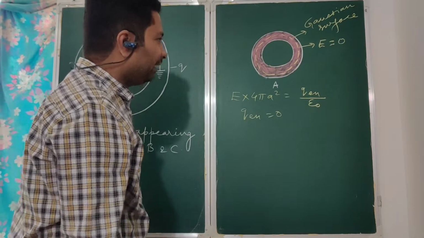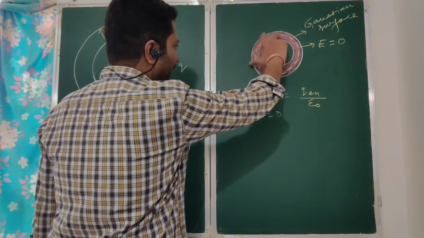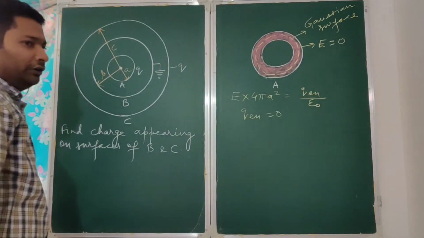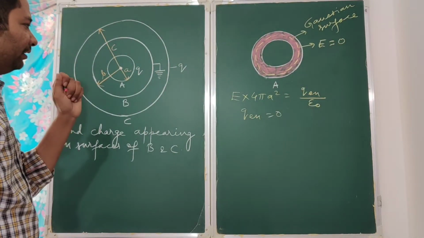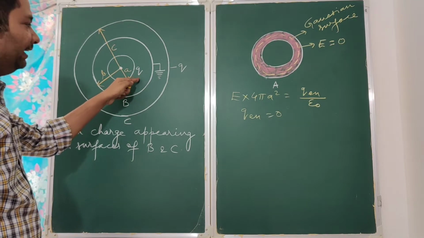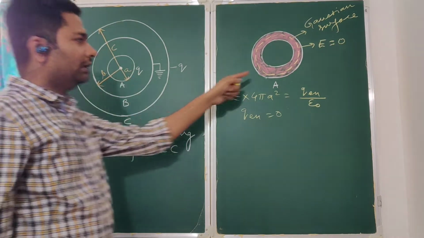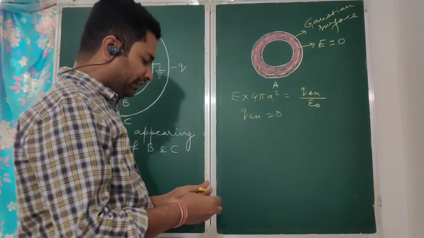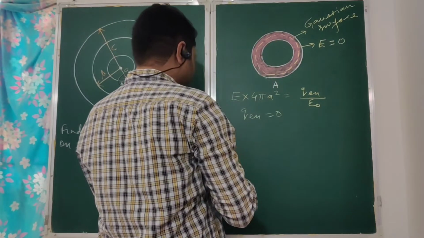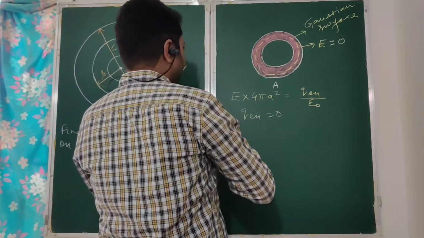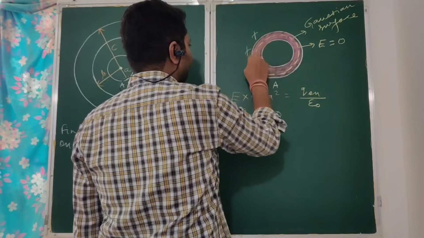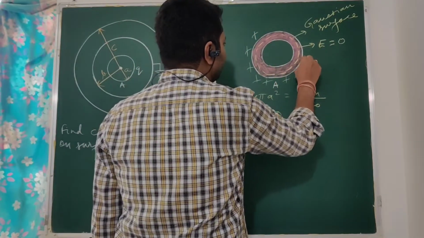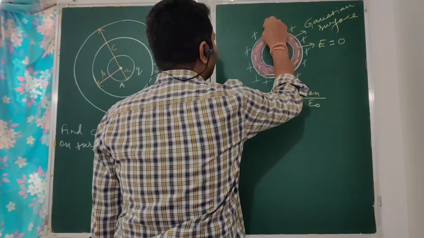That means whatever charge we have given to this hollow spherical shell, all the extra charge is residing on the outer surface, not on the inner surface.